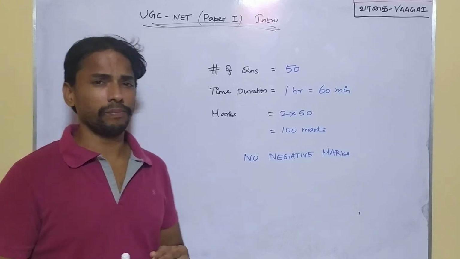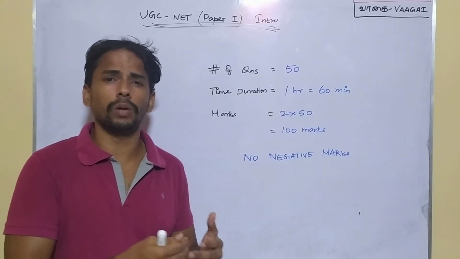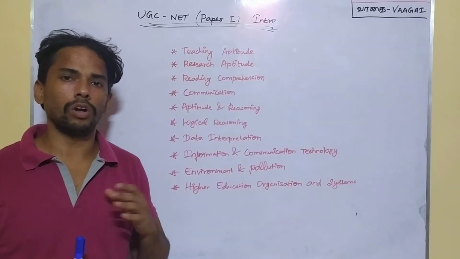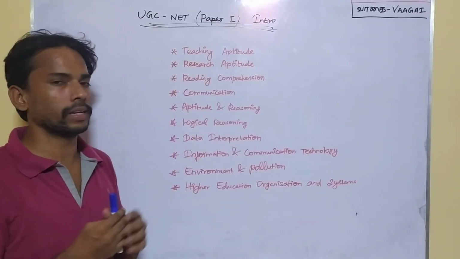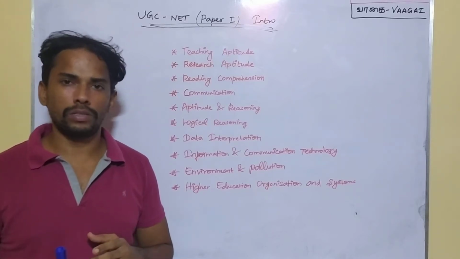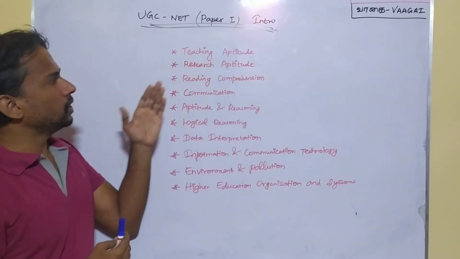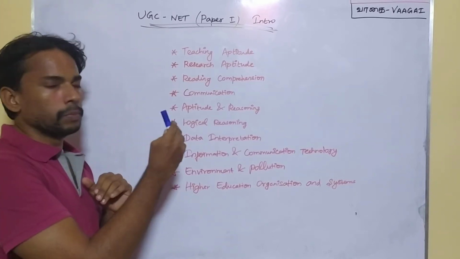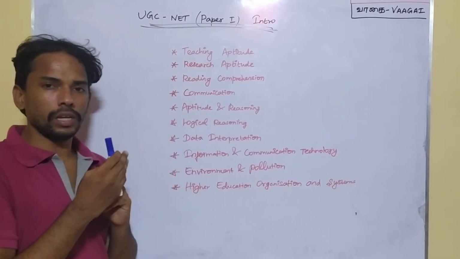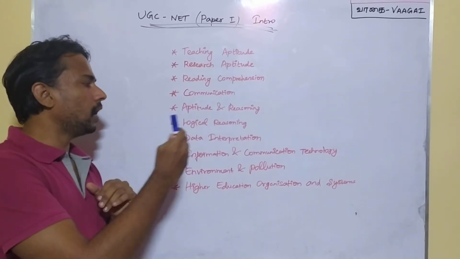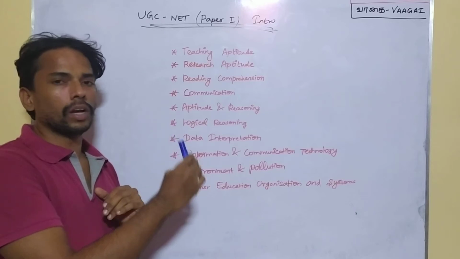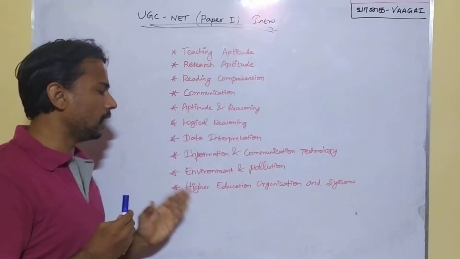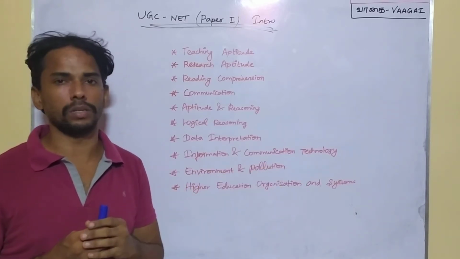The next thing, we'll move on to see under what concepts and topics we will be getting the questions. We see the syllabus under which we are going to get the questions for our exam. There are totally 10 topics: teaching aptitude, research aptitude, reading comprehension, communication, aptitude and reasoning, logical reasoning, data interpretation, information and communication technology, environment and pollution, and finally higher education organization and systems.